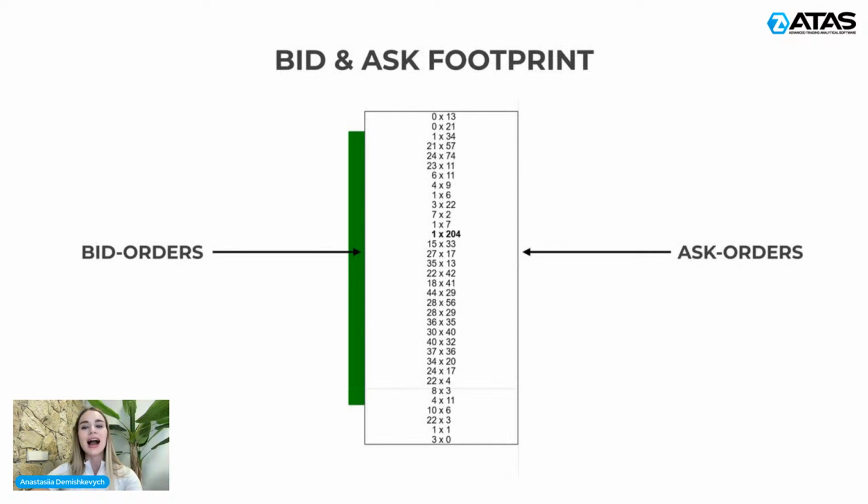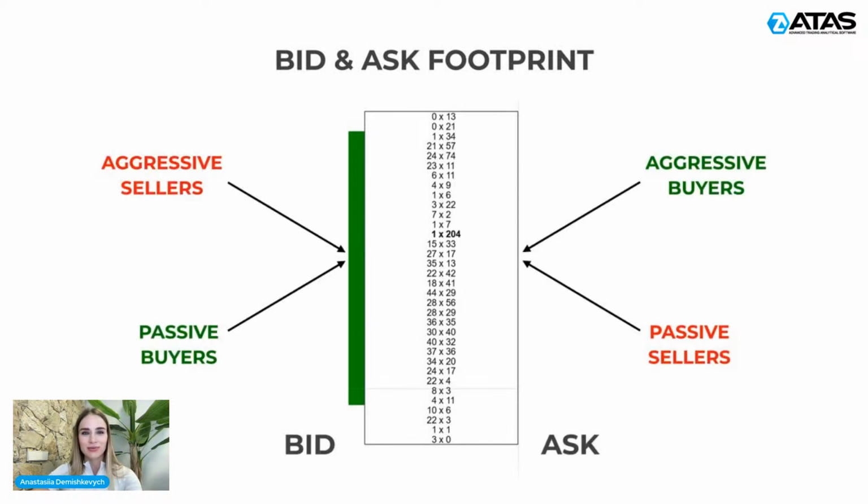So those are aggressive buys. Here is how it works. Bid shows aggressive sellers hitting the bids and passive buyers waiting with limit buy orders, which we already discussed. Ask shows aggressive buyers lifting the offers and passive sellers waiting with limit sell orders.